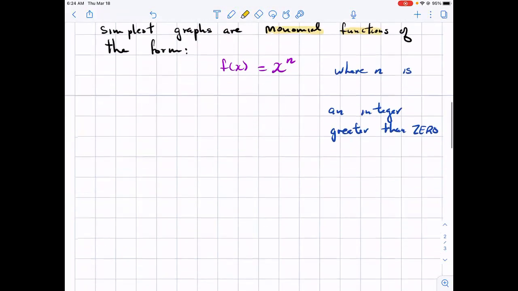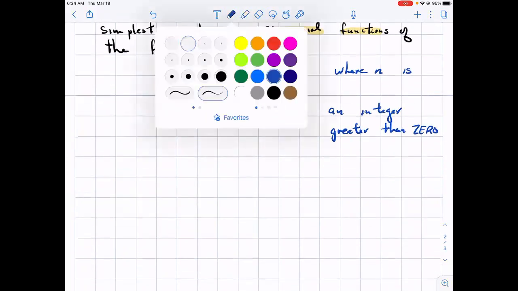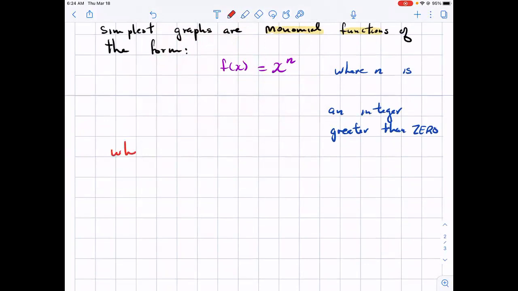So when n is even, our graph is similar to g of x or f of x equals x squared.